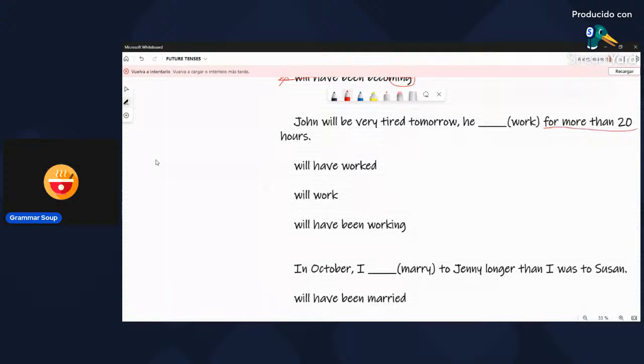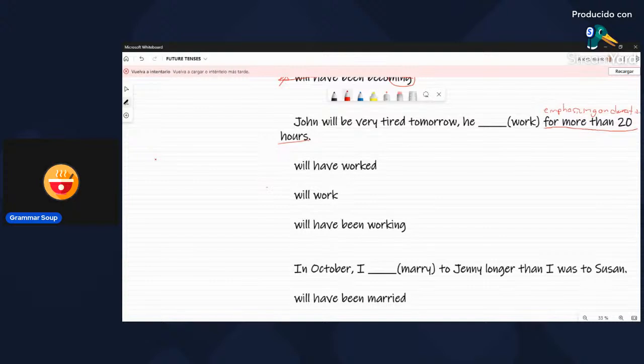This time reference is giving us all the details. It's revealing all the secrets. This is emphasizing duration. For how long? More than 20 hours. You see? John will be very tired tomorrow. For more than 20 hours.